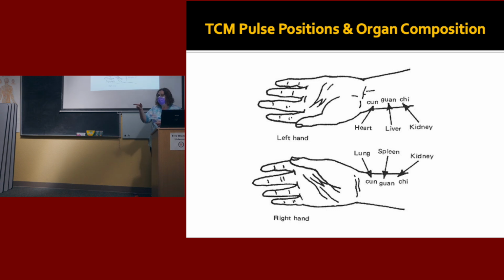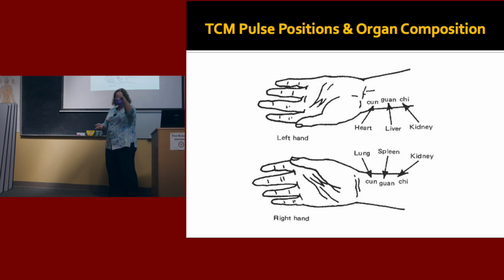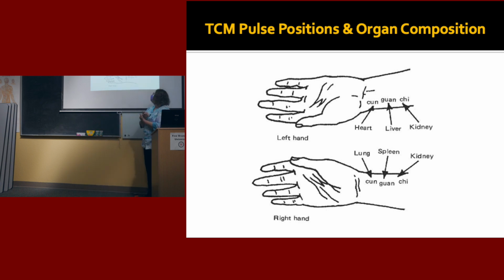We check it on the radial artery, never with the thumb, always with the fingers, because the thumb has its own pulse. You also put your fingers depending on the size of the person. If the person is really petite, I put my fingers one next to the other. If the person is tall, then I spread them a little bit apart.